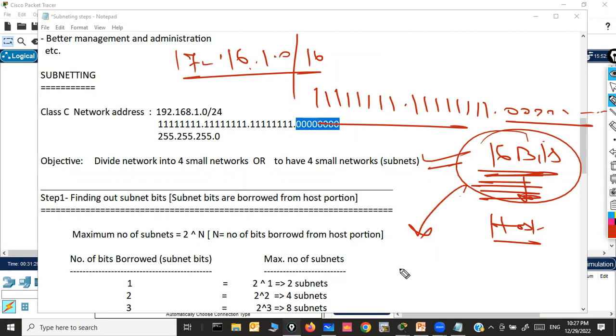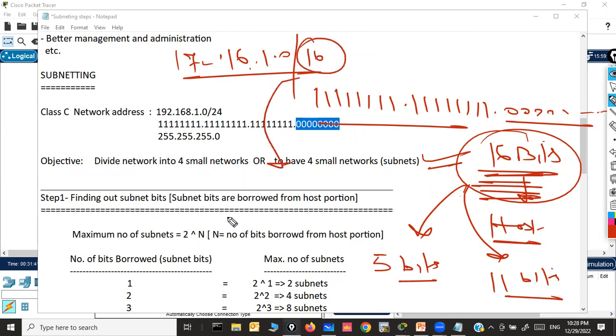Let's say you have borrowed 5 bits. Now for hosts there would be 11 bits only, right? The length becomes 16 plus the 5 subnet bits, so /21. That's how the computation is done.